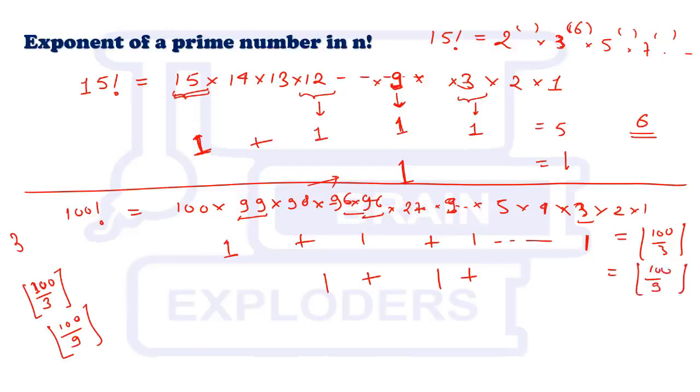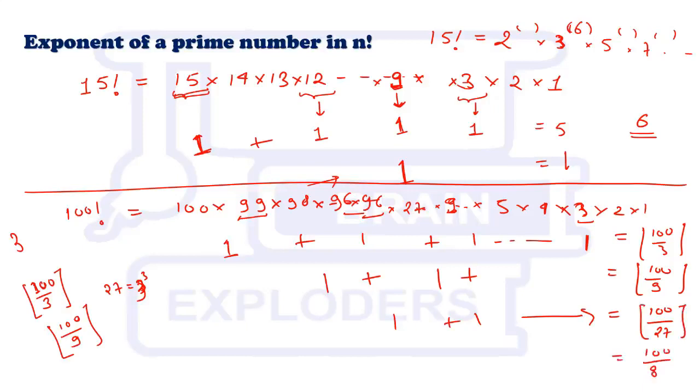Then there will be some numbers which will give a contribution of more than 2 also. So for them again we will add 1 for each of them, like 27. 27 is equal to 3 cube, so it is giving a contribution of more than 2. So for them also, in the next row we add the greatest integer function of 100 over 27, and then there may be numbers which give a contribution of more than 3 also.